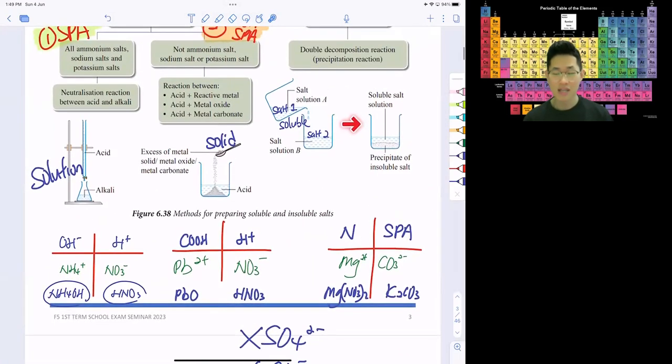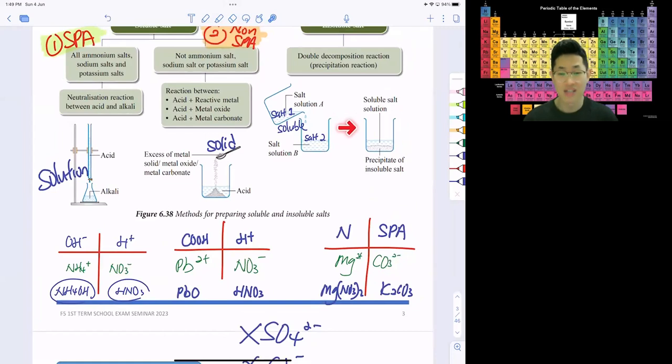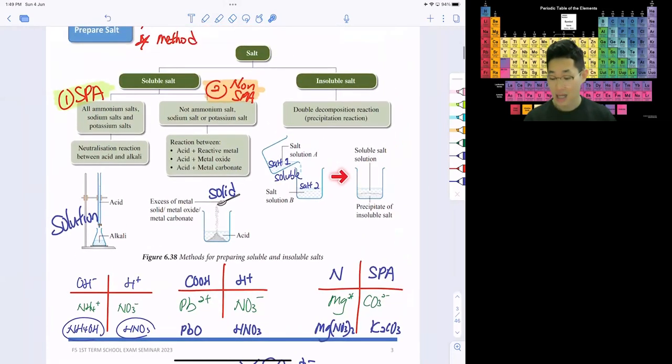Okay, then I will be giving you one example and you have to give me the reactant. I want to make CaSO4. Can I have the reactant, please?